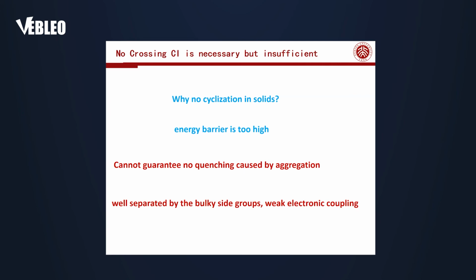I think we can also easily explain this, because for this TPE molecule, it has four side group benzene rings, and all these four benzene rings are not coplanar. So in the solid, these four benzene rings are very bulky, and they keep the center chromophores well separated from each other.